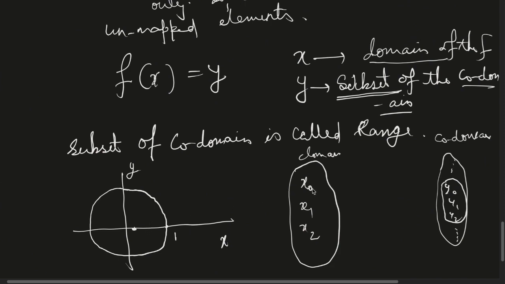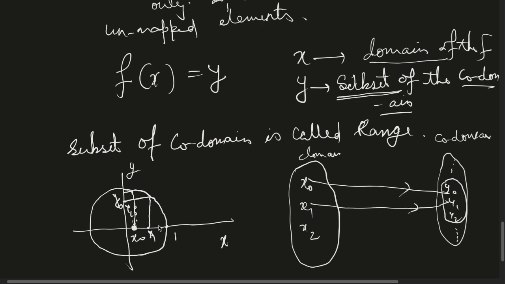So for this x0, we can see that it has this value of y. So if it is x0, let us say this is y0. This x0 has been mapped with y0. All right. Again, if we see this x, then y for this is again this. We can say that for x1, the image is y1. Again, it is mapping here.